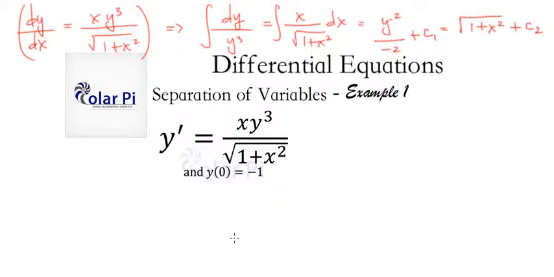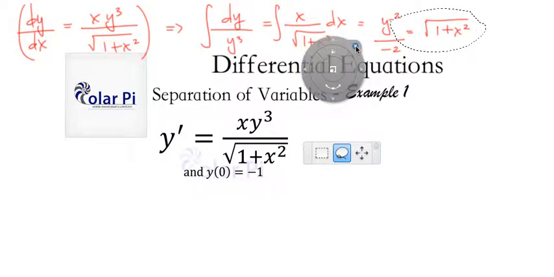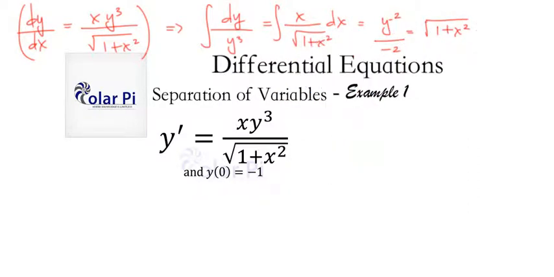Now what we can do is combine c1 and c2 into a single constant by saying c2 minus c1 is c, and by doing that we have y to the negative 2 divided by negative 2 equals root 1 plus x squared plus c.